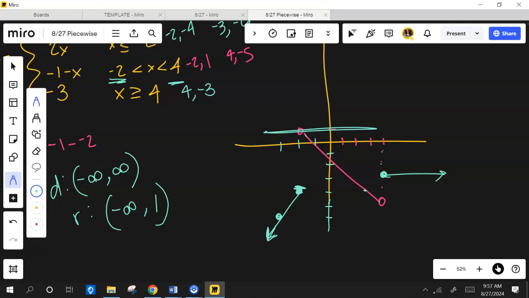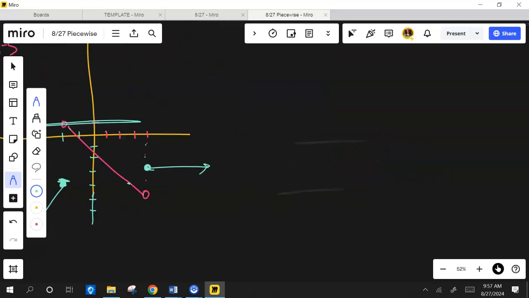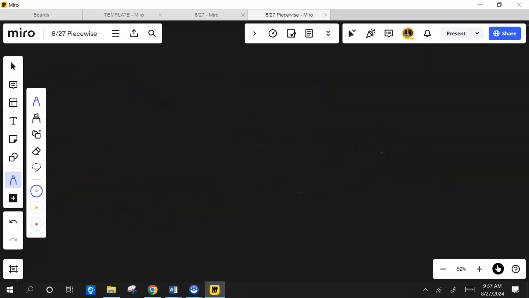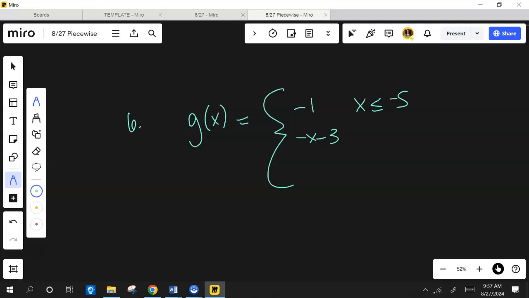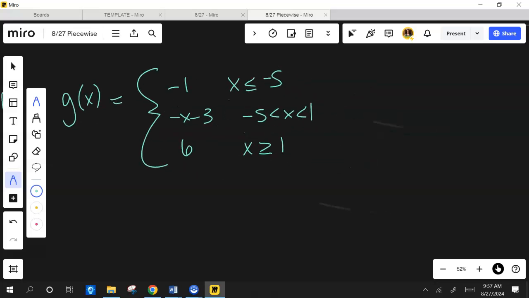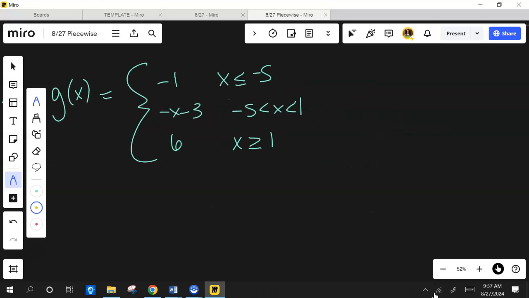5. All right, 5 and 6. I'll do 6 first, then I'll hit 5. G of x, we'll just go backwards order here, boys. -1 if x is less than or equal to -5. Negative x minus 3. Horizontal line, yes.